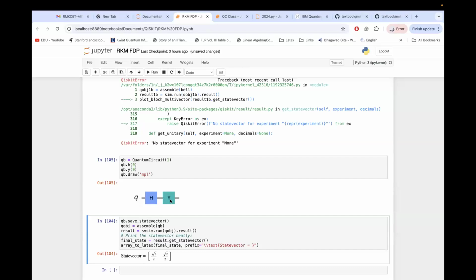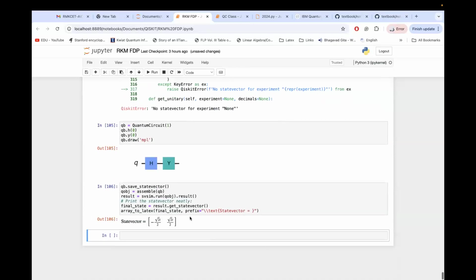Now when you apply this Y gate, that is going to give some phase difference between H and V polarization, that is the 0 state and the 1 state, right? That we can see clearly here, right? So what happens? It becomes minus i by root 2 and i by root 2. So it is going to introduce some phase difference between the states.